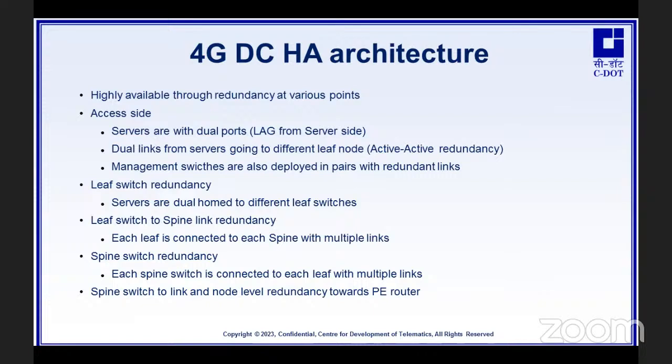Spine switch redundancy: each spine switch is connected to each leaf with multiple links. In case of spine to provider edge router, we have two spines, so we have redundancy at the spine level, as well as multiple links between the spines and the PE routers. So there is link as well as node level redundancy.